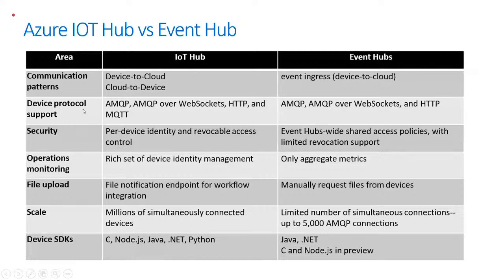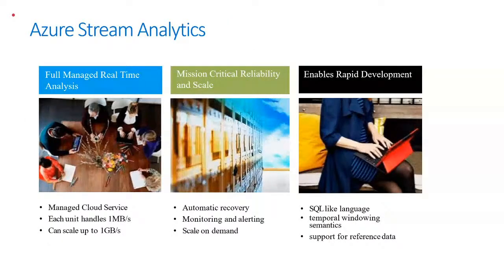So now let's move to Azure Stream Analytics. Azure Stream Analytics is a fully managed real-time analysis platform which has built-in first-class integration with Azure IoT Hub and Azure Event Hub. So you can connect your Azure IoT Hub and Azure Event Hub through Azure Stream Analytics. Without this, your IoT project is never going to be completed.